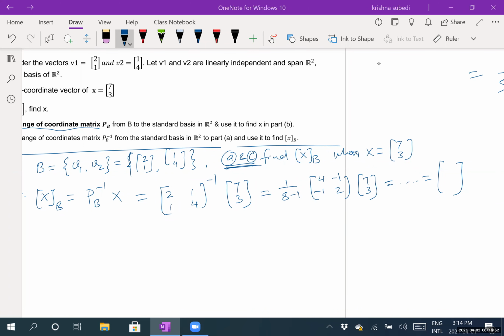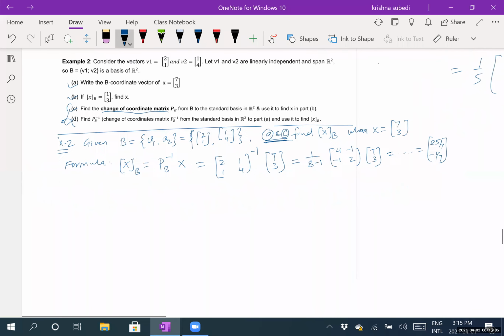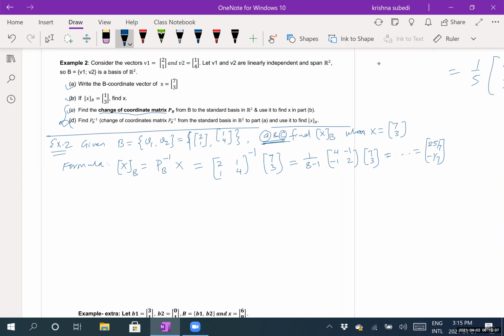So when you multiply these two matrices and then divide by 7, you're going to get 25 over 7 and then negative 1 over 7. All right, so this is part A and C done.